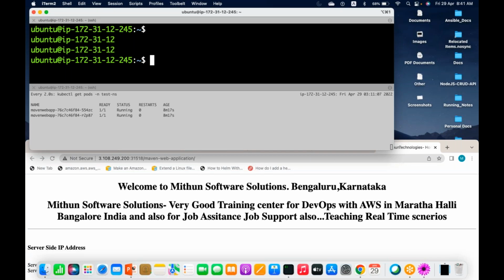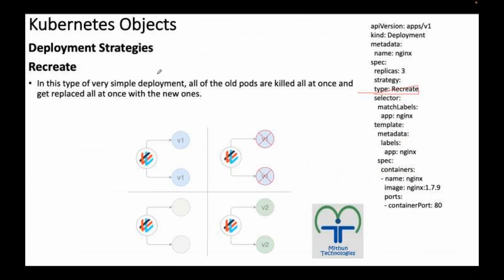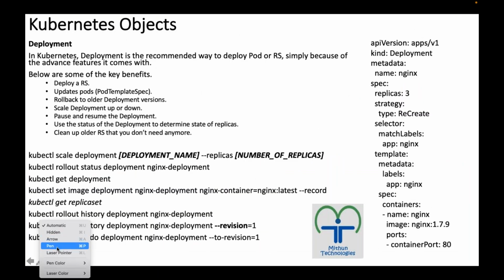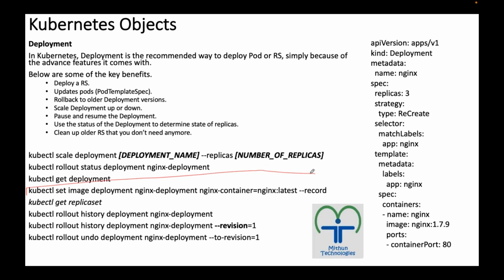Imperatively also I can do that. What do you mean by imperative? By executing a command directly. Can I use something like this? This is one sample command: kubectl set image deployment.